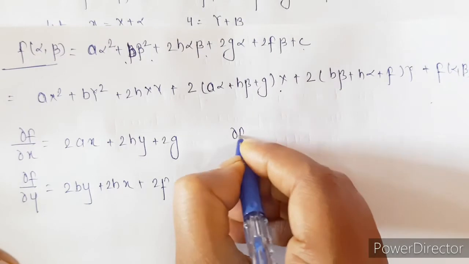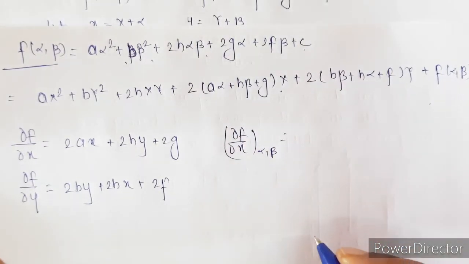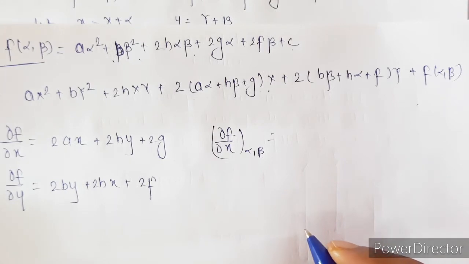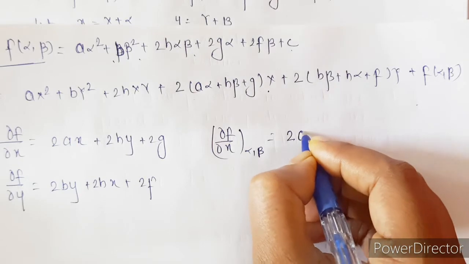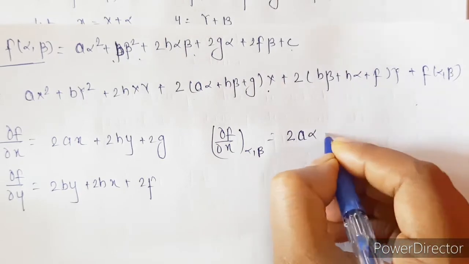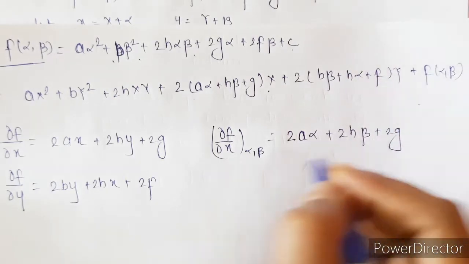This is what we are getting. Now suppose I want ∂f/∂x in terms of α, β. So wherever there is x, we have to substitute α, and instead of y, we have to substitute β. We can write this as 2aα, 2hβ plus 2 times g.